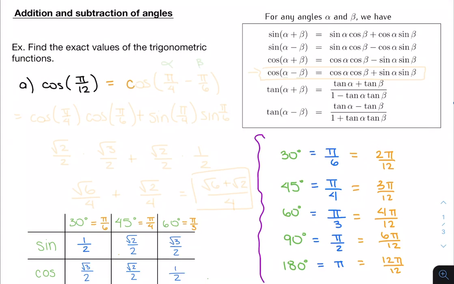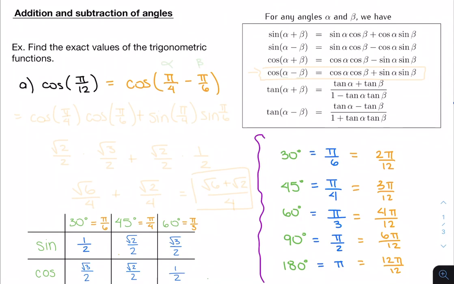So cosine of pi over 12 is the same thing as saying, we're going to actually take the original angle. 3 pi over 12 is the same thing as pi over 4. And we're going to subtract 2 pi over 12, which was originally pi over 6. So now we got our equivalent fraction.